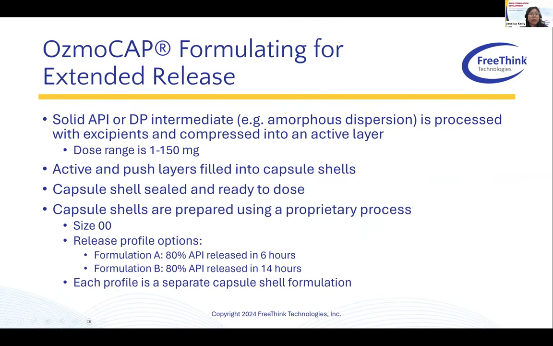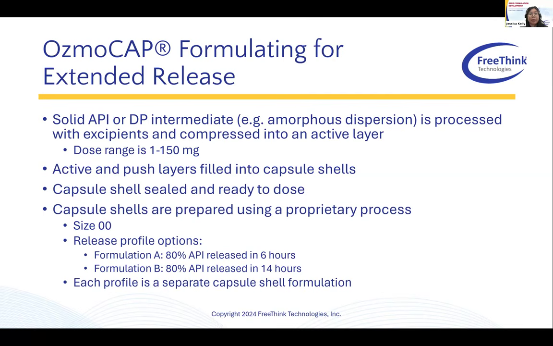So when formulating for an osmocap dosage form, we can formulate for solid API or drug product intermediate that will be processed into the active layer. Our current dosage range is between 1 to 150 milligrams. Once we make the active and push layers, we can fill them into the capsule shells.